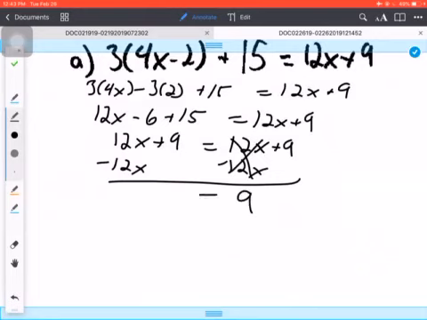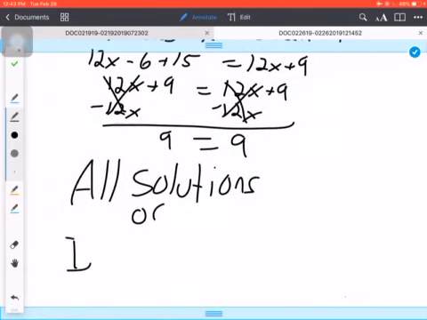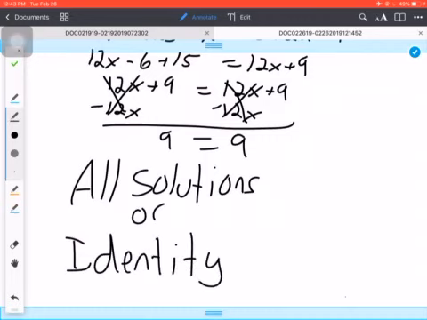I'm left with 9. And on this side, all my x's are also creating a 0 pair, so I'm left with 9 also. Now I'm left with the same number on both sides, a number equaling itself. This is all solutions or identity. Both are going to be appropriate answers.